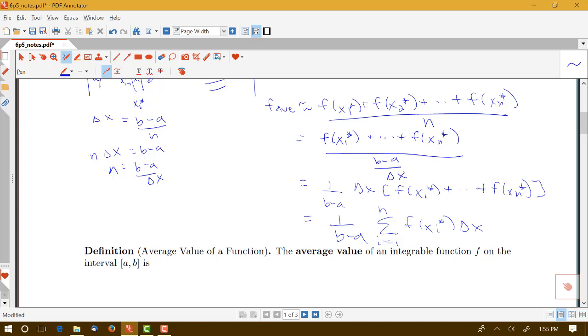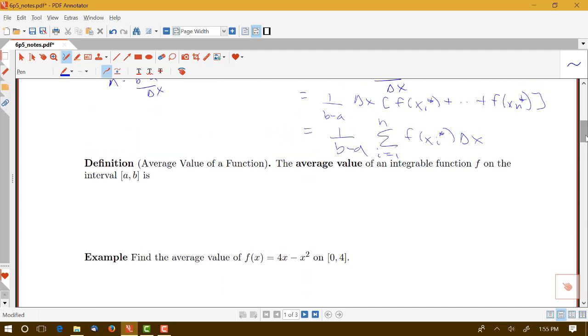But if I look at taking more and more subintervals, making n bigger and bigger, so the subintervals themselves are smaller and smaller, I'll be looking at the limit of that sum. So that brings us to our definition of the average value.